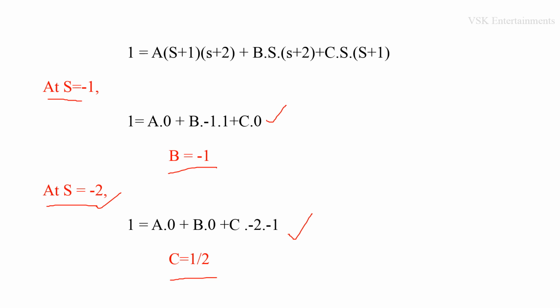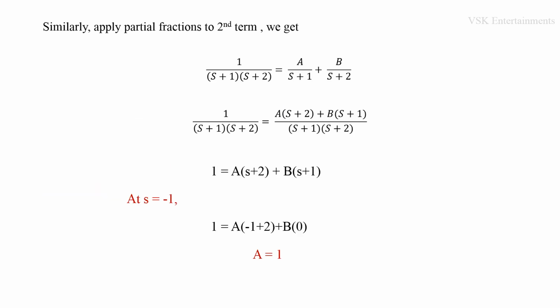Similarly, apply partial fractions to the second term. In the same way, the second term is 1 by (s plus 1) into (s plus 2), that is A by (s plus 1) plus B by (s plus 2). From that take the LCM, then cancel out.